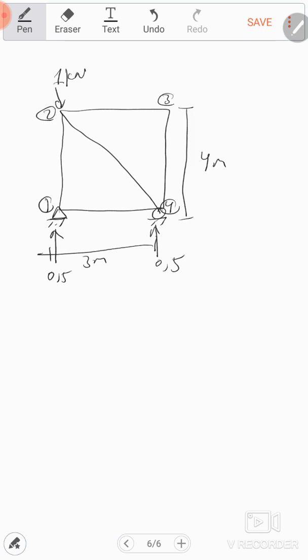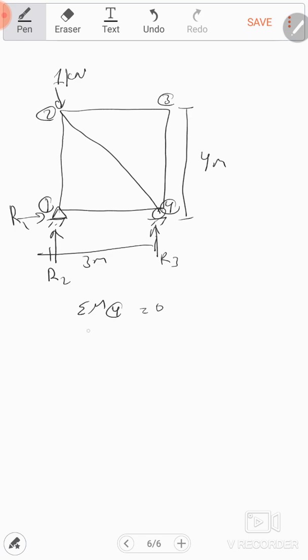Okay, but you can calculate on your own, same steps that I already did in the last or previous steps. You can calculate on your own how we get the reactions, but here I will do only the moment on node number 4 equals 0. So here the reactions are R1, R2 and R3.